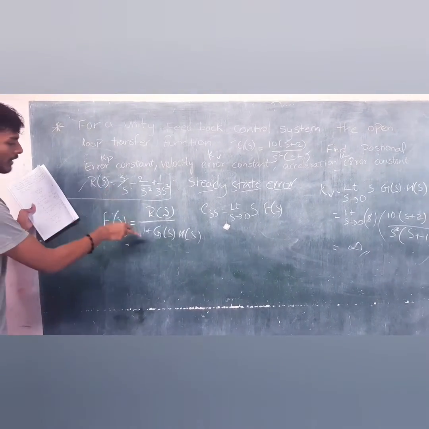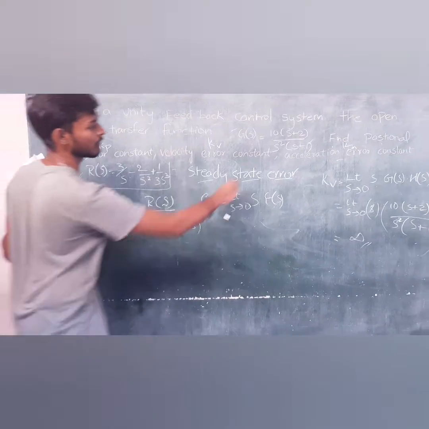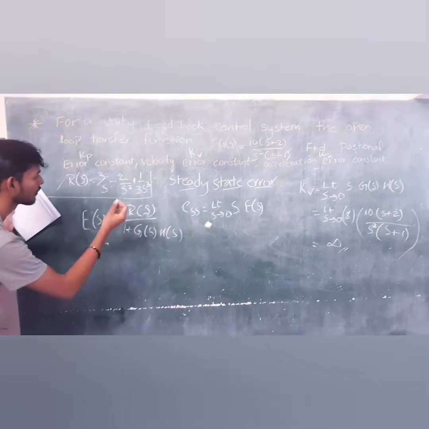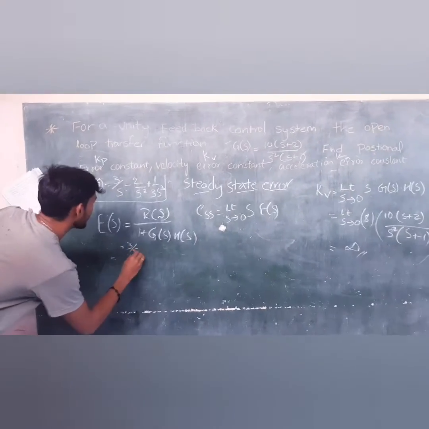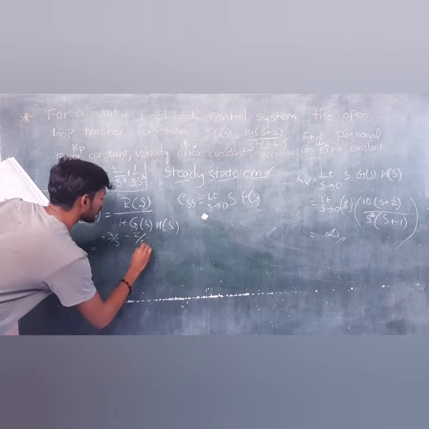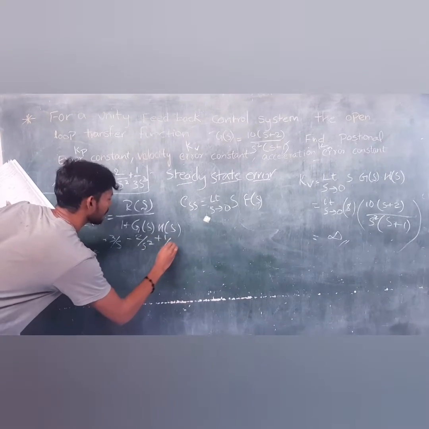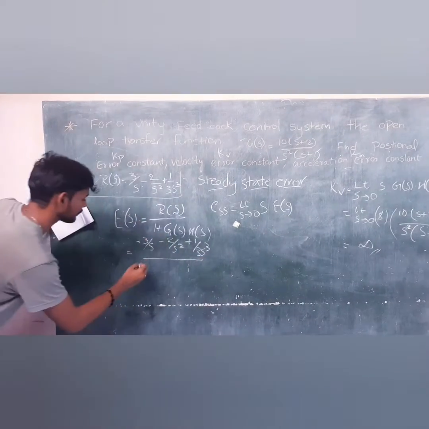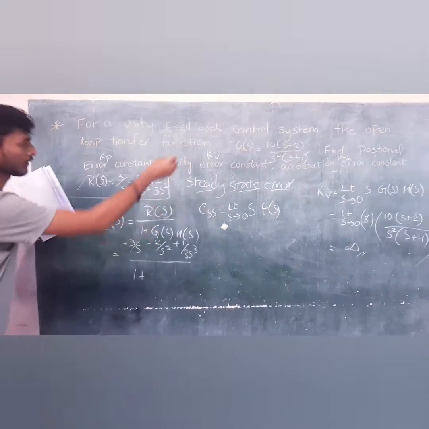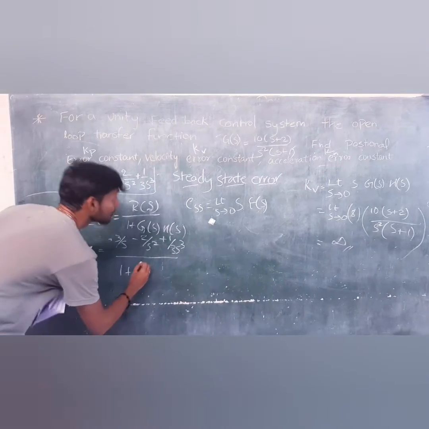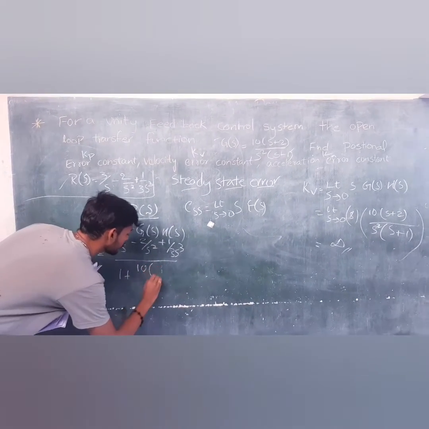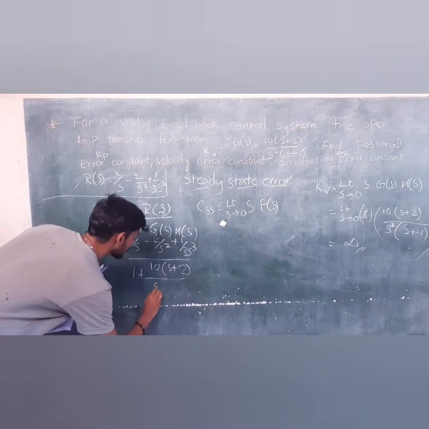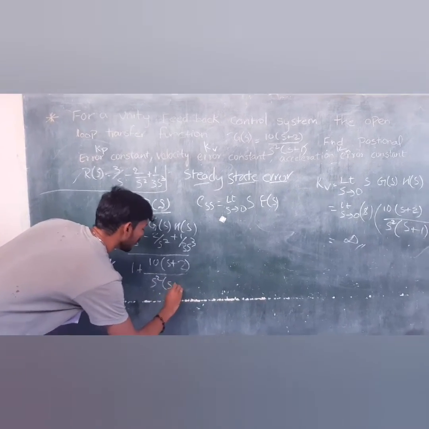So we are substituting that, G(s) equals this one and H(s) equals 1. The final output will be (3/s - 2/s² + 1/(3s³)) divided by 1 + G(s), and the value of G(s) is 10(s + 2) / (s²(s + 1)).